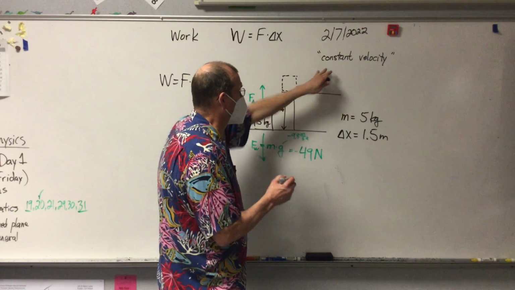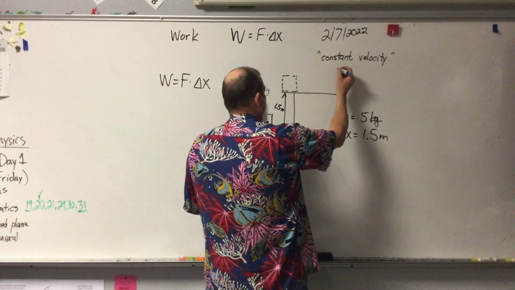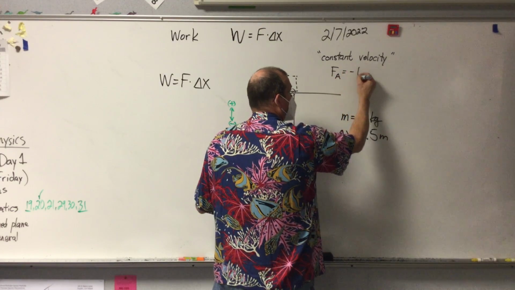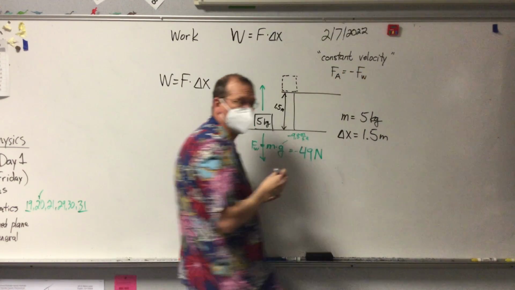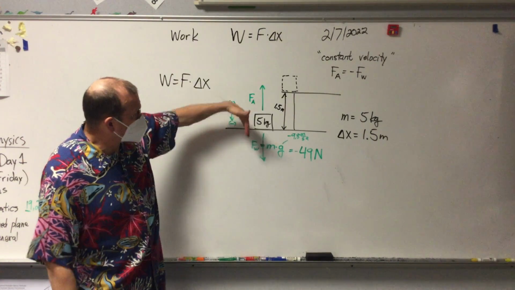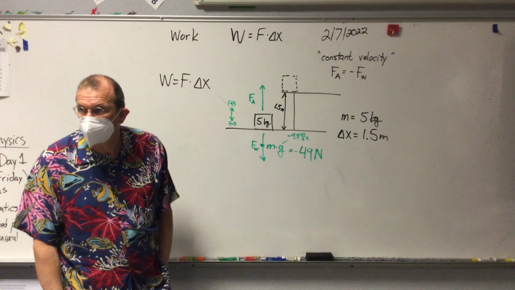So I'm going to write this over here. Constant velocity means FA equals the opposite of FW. And remember, that is taking into account the fact that we are taking down to be a negative direction.